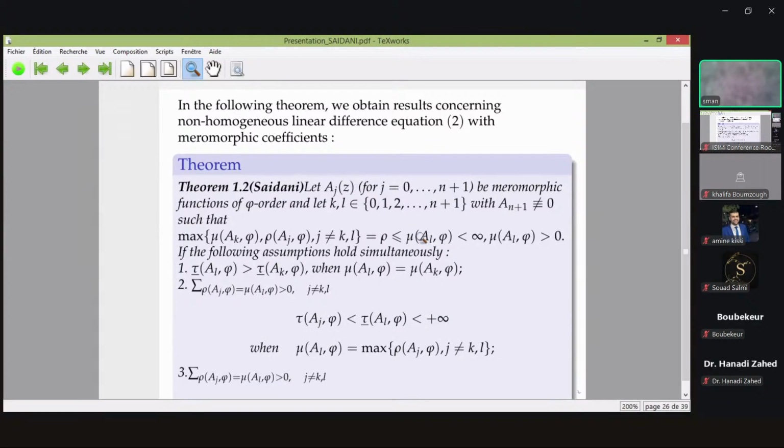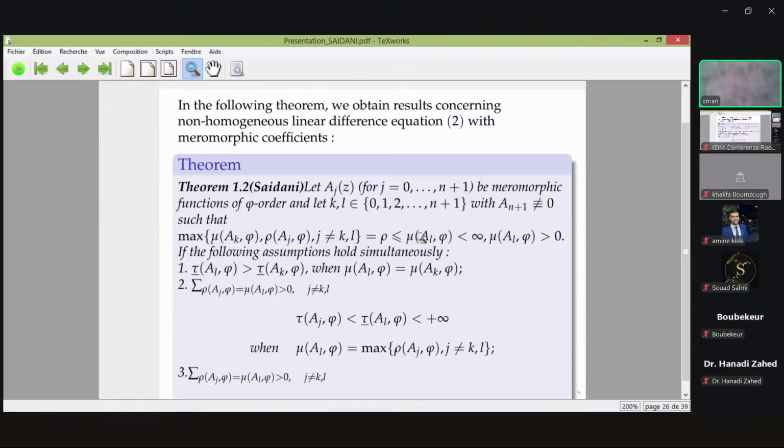In the following theorem, we obtain a result concerning the non-homogeneous linear difference equation, but with meromorphic coefficients. Under the same conditions as above, we also suppose that the phi convergence exponent of poles of the leading coefficient AL is bounded by its lower phi order. In this case, we obtain two results.